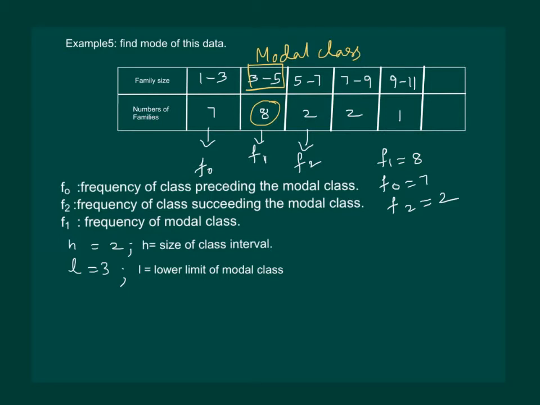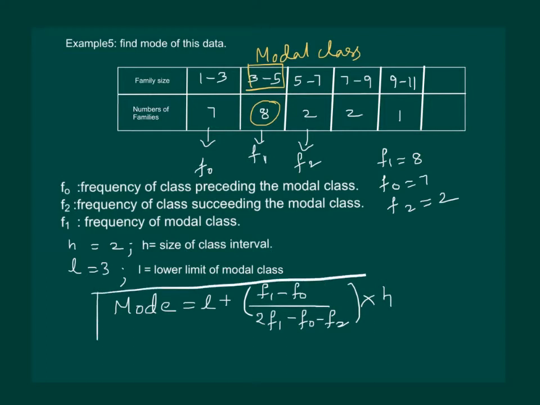Next we have a formula to find the mode, which goes like this. Mode is equal to L plus (F1 minus F0) whole by (2 times F1 minus F0 minus F2) into H. We have to remember this formula to find the mode of grouped data.